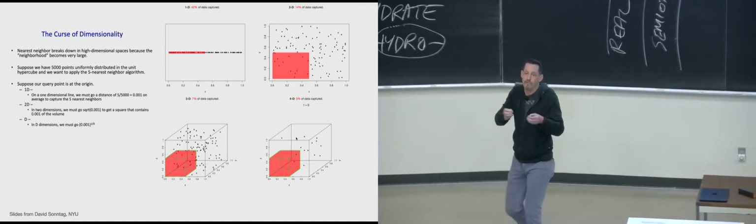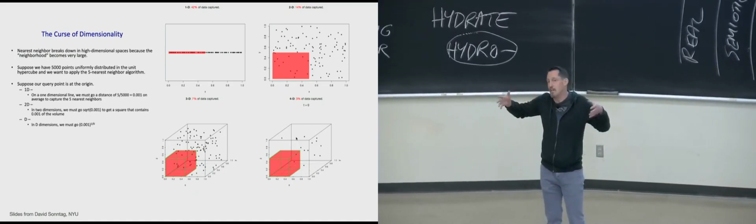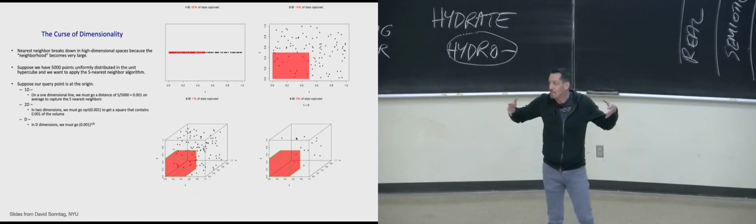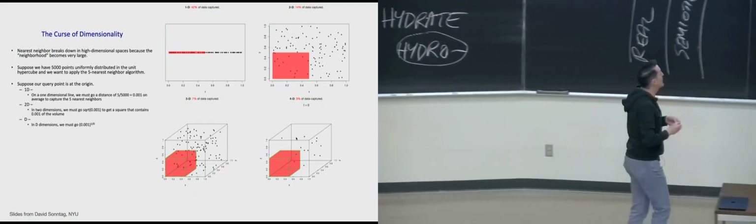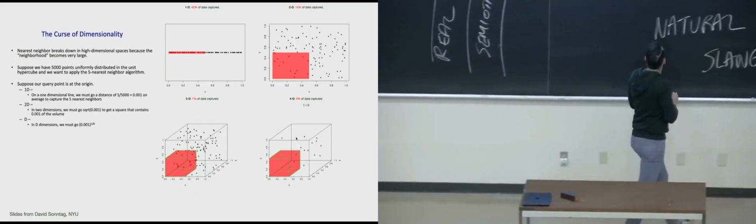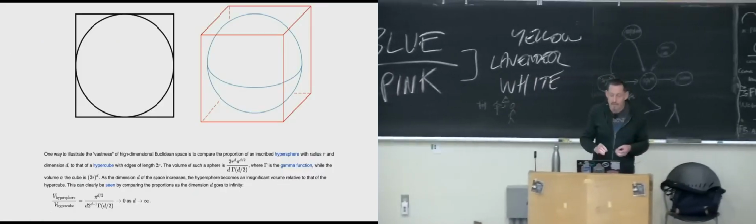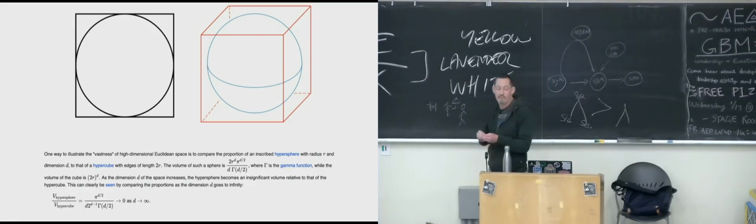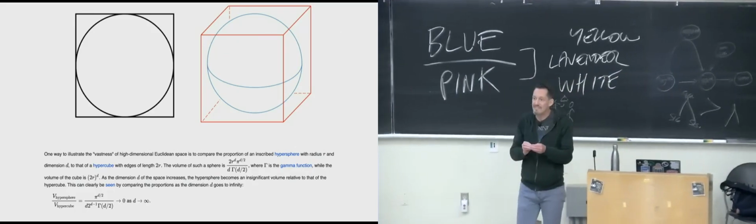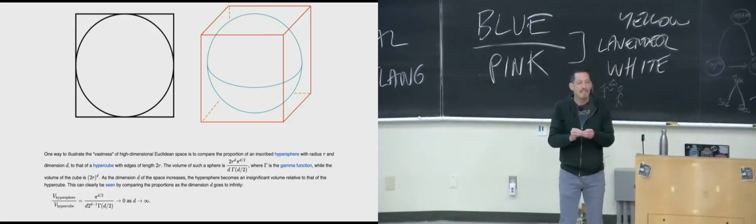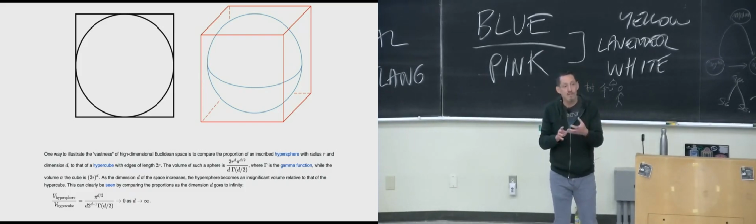You can also build this in your mind with dividing up the data space into cubes and seeing how that works. One of my favorite versions of this, the one that's just kind of mind-blowing, is the sphere inside a cube. Okay? In 2D, you can draw a circle inside a square, right?